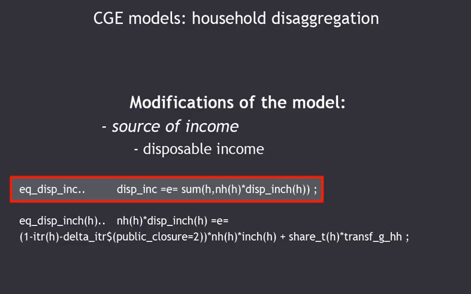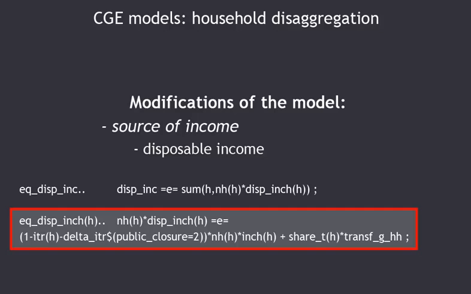We always have the difference between individual variables ending in H and macroeconomic variables with the same name without the H. And then we have an equation called EQ_DISP_INCH, defined over H, for the formation of disposable income of a household in category H, which is expressed as follows.